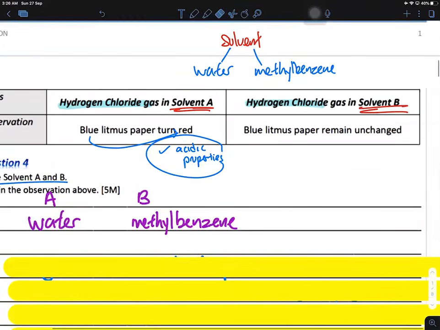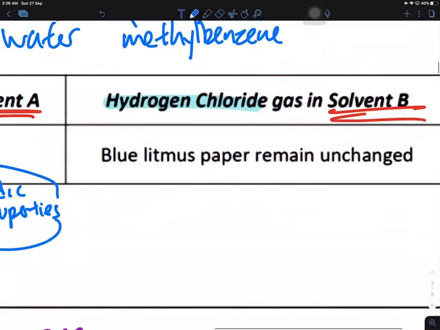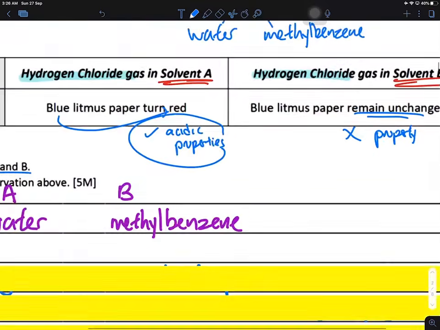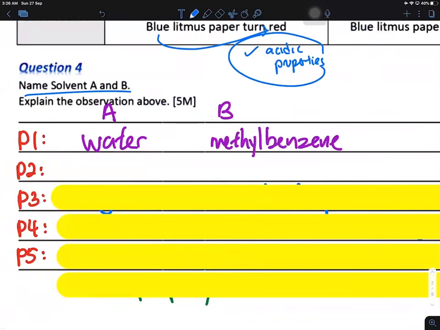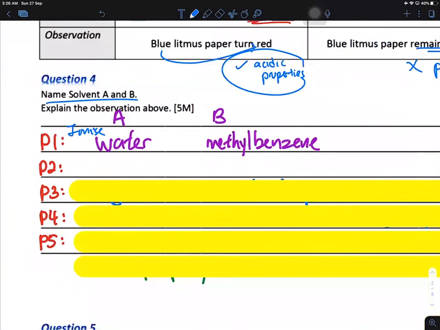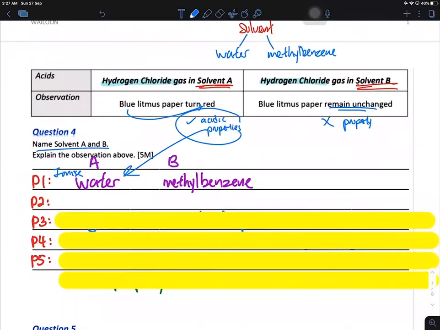And then solvent B doesn't have any change. No change means no acidic property. No property means it is an organic solvent. Why? Because acid or alkali need water to ionize themselves. So this is why if you see property, water; no property will be the organic solvent.